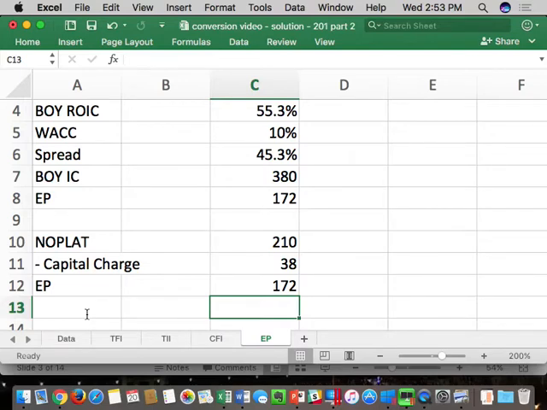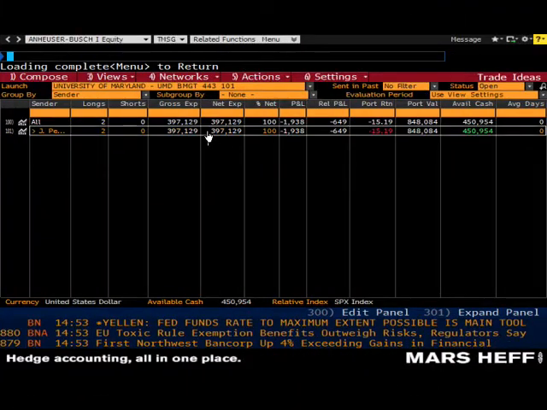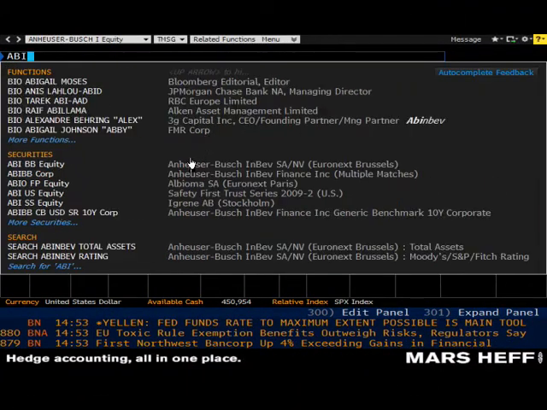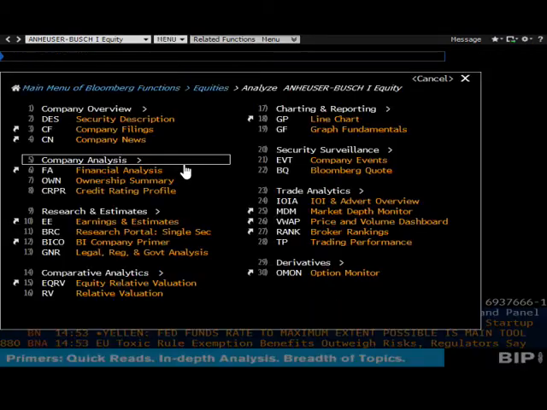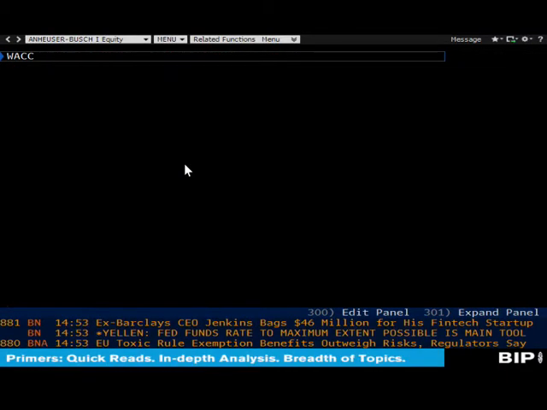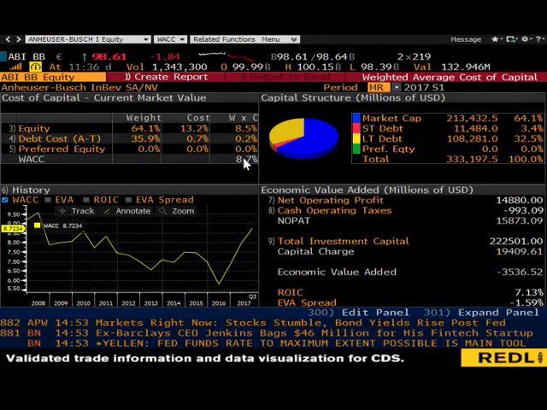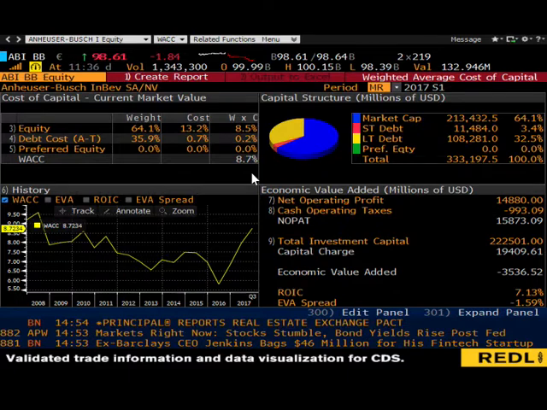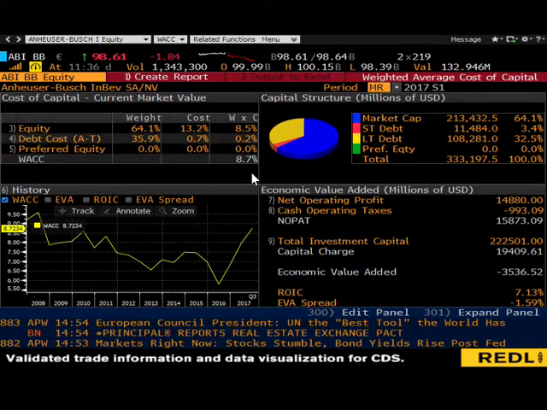So right now, if I go to Anheuser-Busch InBev, ABI, and if I look at their WACC, it is about 9%, 8.7 right now. So here's the thing. If I do an M&A, should I be expecting 9%?